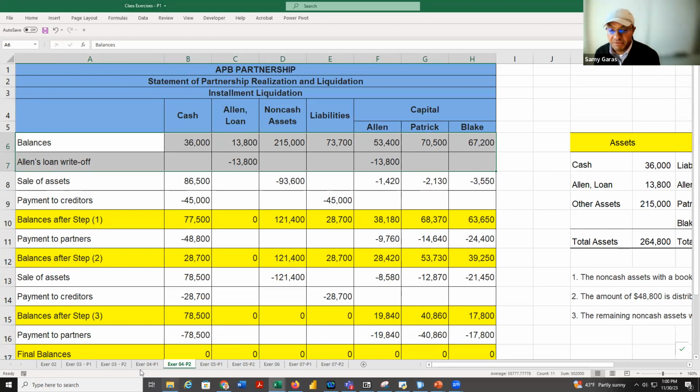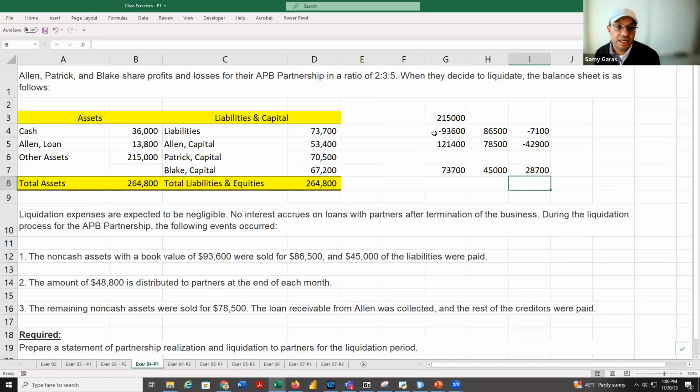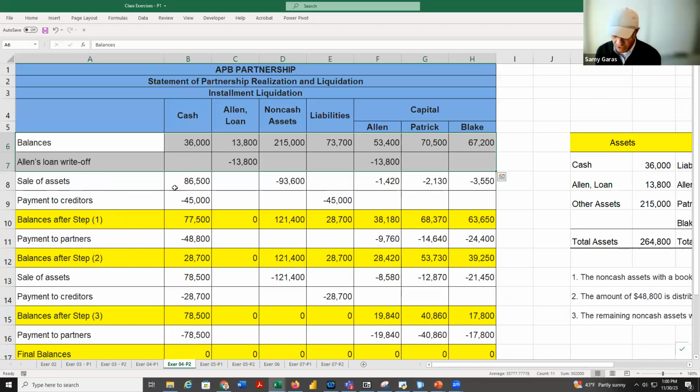And then we make the first sale transaction for the non-cash. Here you go. We have cash 86,500. We sold the non-cash 93, and we have 7,100 here, which we put it. So we take the 7,100 divided between Alan, Patrick, and Blake.